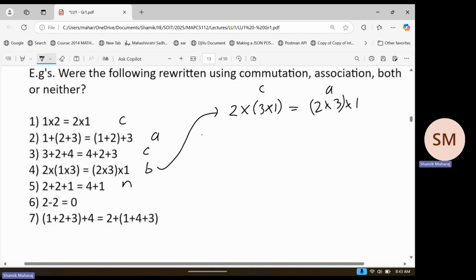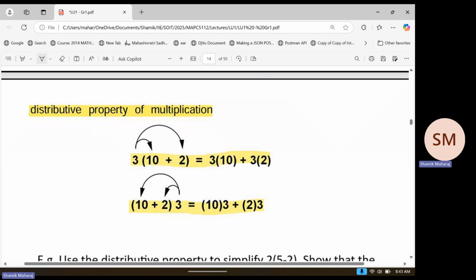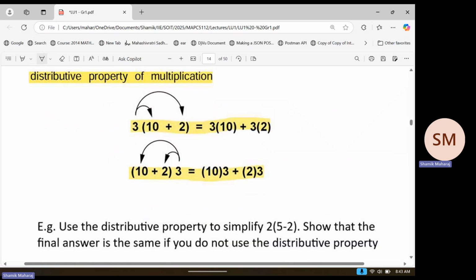What about 6? This is just an equation, right? It's not really doing anything. So this is neither. And okay, not to waste time, you guys can check number 7 at home because that one looks like it's going to be some combination of things. Or maybe neither, I don't know, but you can check it at home. Don't want to waste too much time on the same thing. 2 more minutes, we're almost at the break. Hang in there, guys.